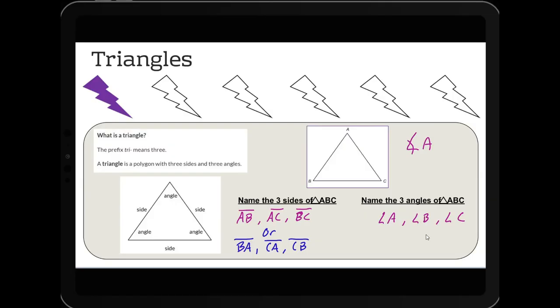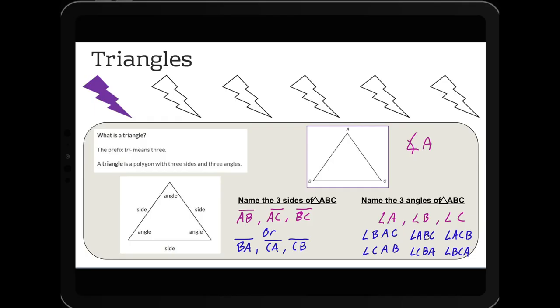And with angles, there are other ways to name them too. For example, I could have named it as angle BAC or angle CAB or angle ABC or angle CBA, or I could do angle ACB or angle BCA.